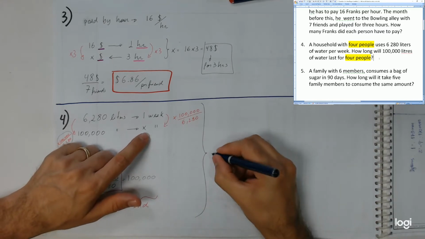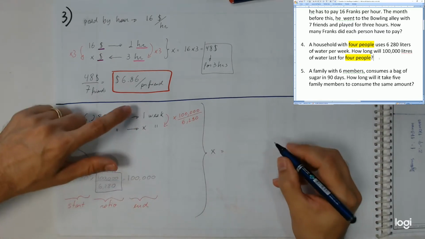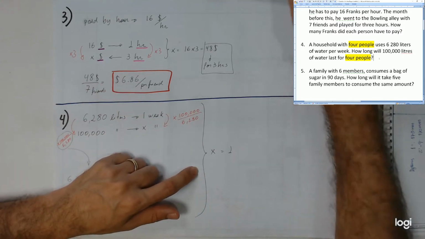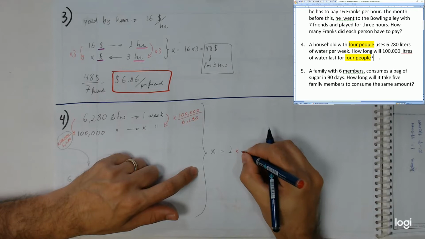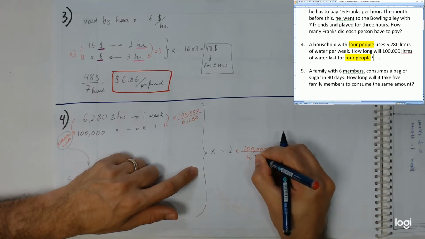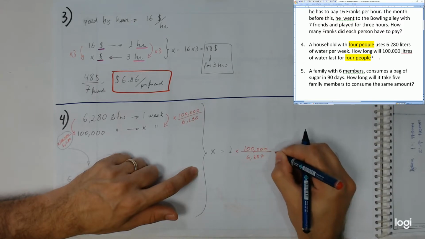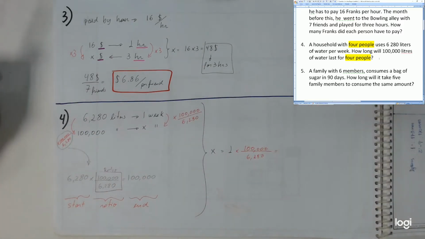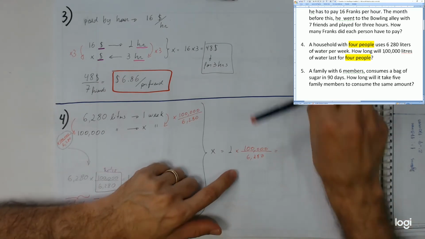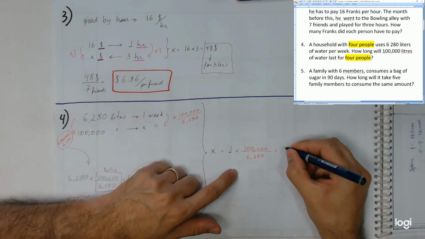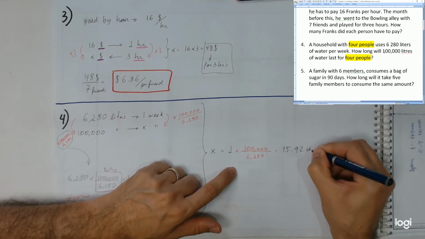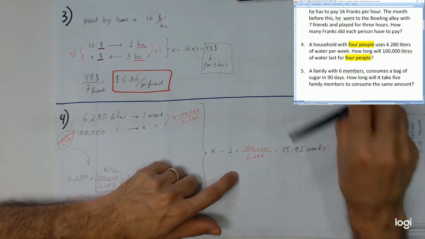What is x? X is going to be what? 1 week, right? Just 1 times the factor. 1 times this factor, 100,000 divided by 6,280. And this is going to be, if I did everything correctly, 15.92 weeks. Okay?